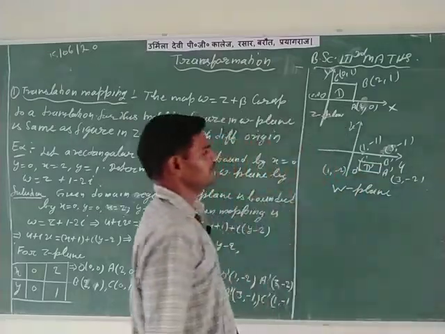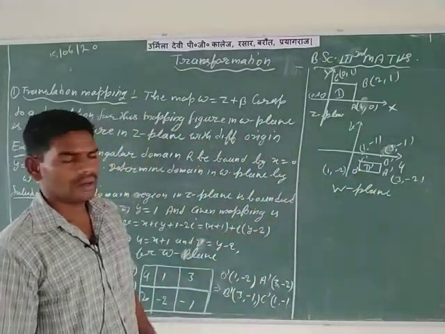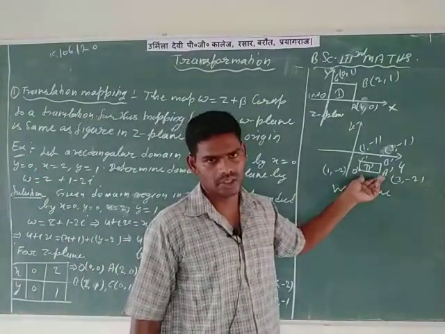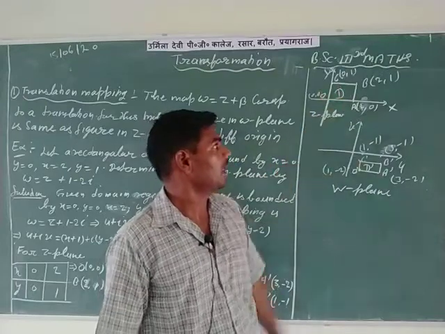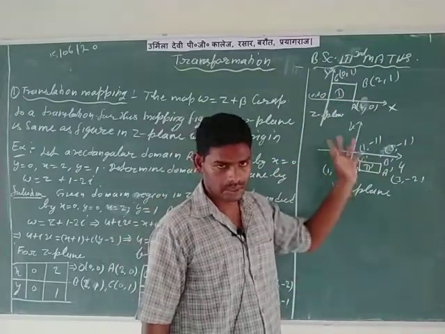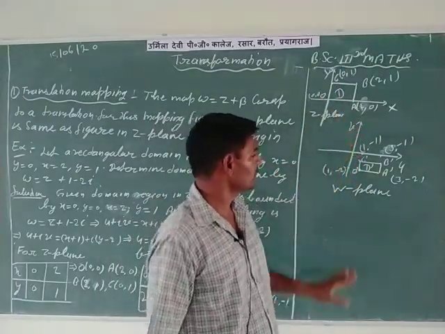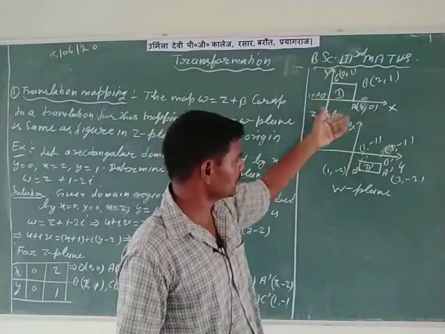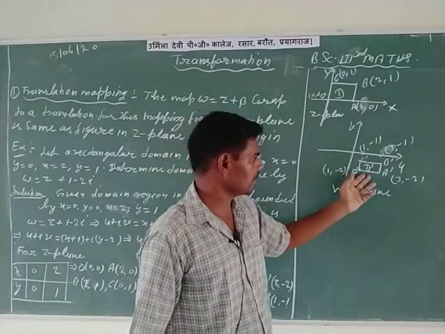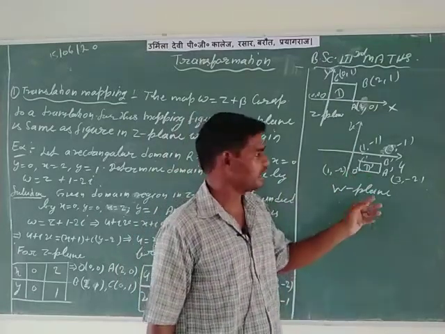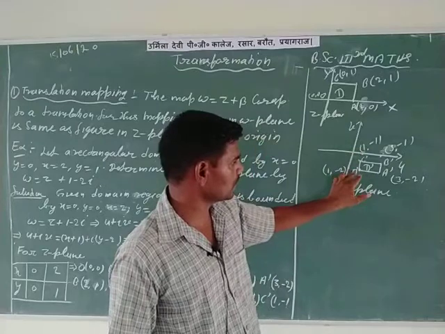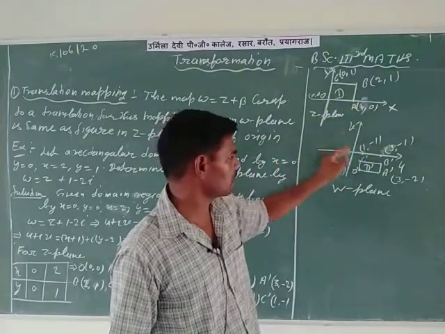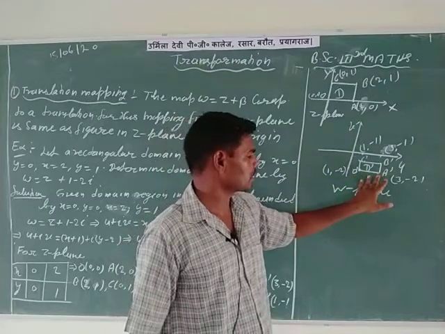So in the W plane, the required region is denoted by D dash, which is bounded and rectangular, the same as the rectangle in the Z plane. So the image of the Z plane region on the W plane is the same, denoted by D dash, only shifted in origin. Here the origin O was at the intersection of the axes, but here the origin lies in the third quadrant.